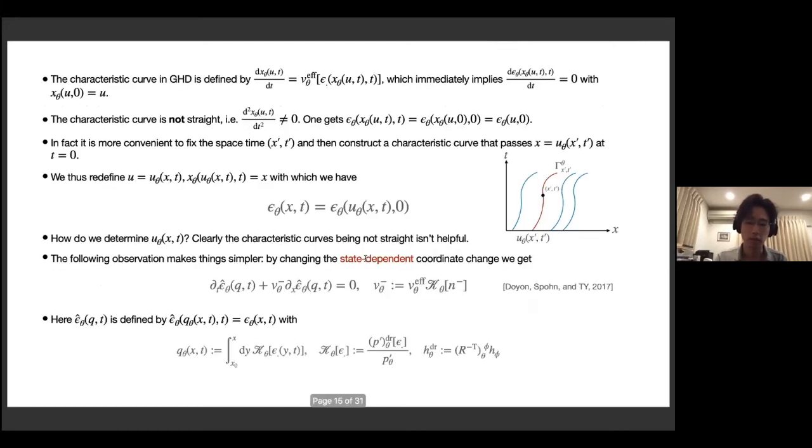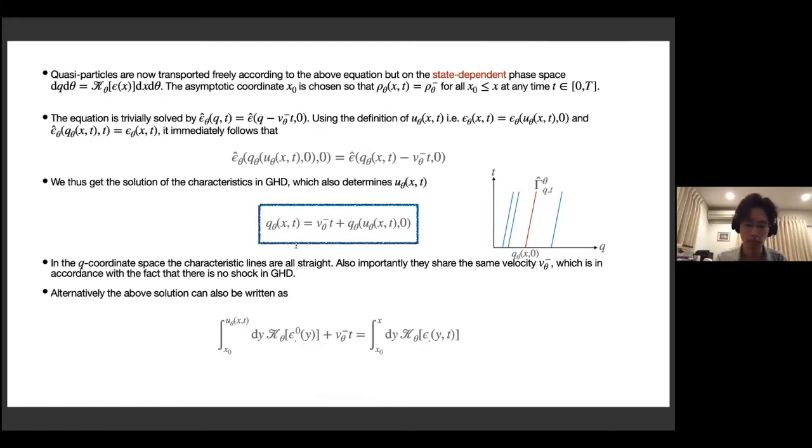But in here, it's a new coordinate that is to be remembered. And also, this velocity here is always constant. This velocity is always the same for any characteristic line, so long as theta is fixed.